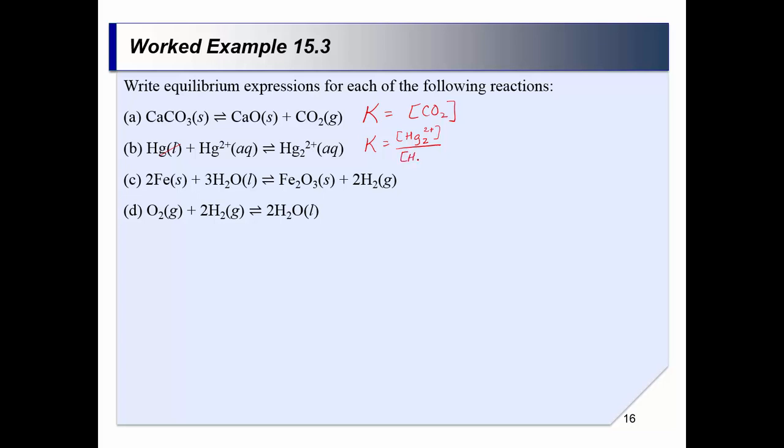And mercury 2. For C, we don't count the solids or the liquids, so the K is purely dependent on the concentration of hydrogen gas squared. And for D, we don't have any product to speak of. So in this case, it would be 1 over the product of the reactants, the mathematical product.